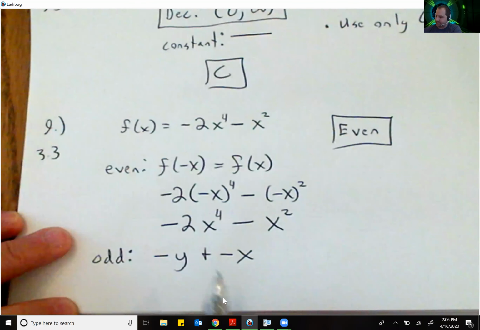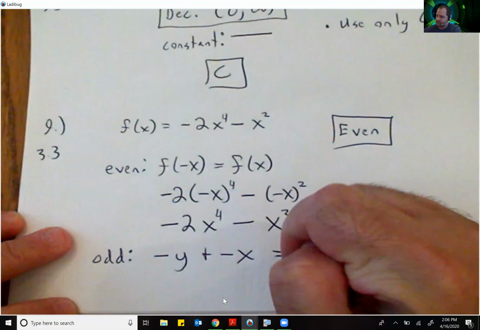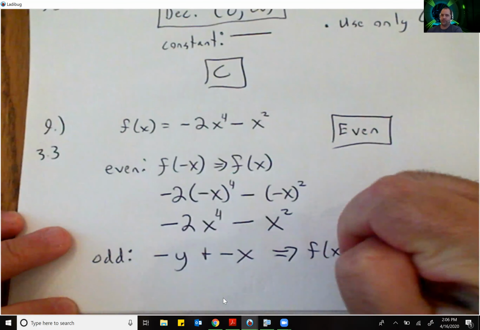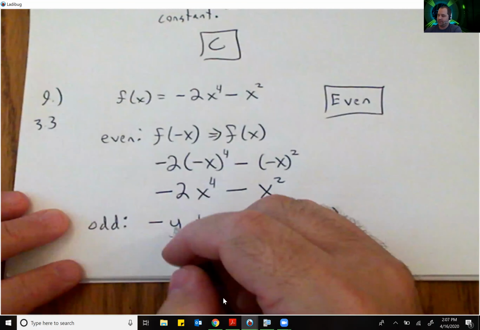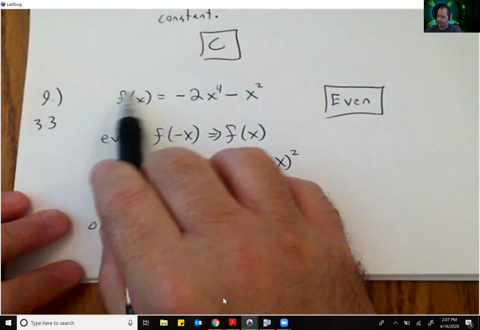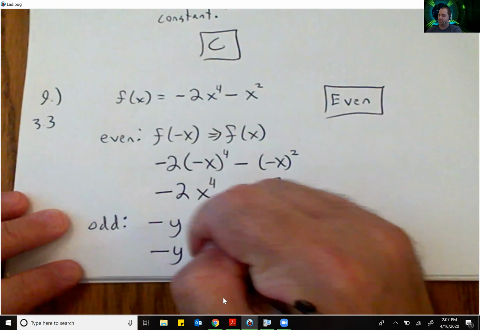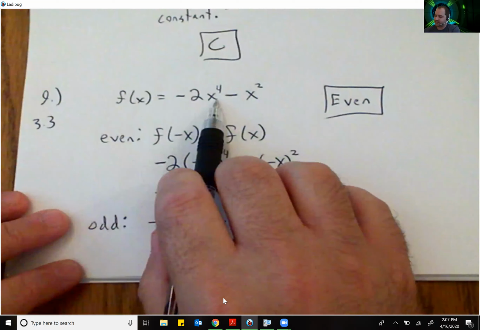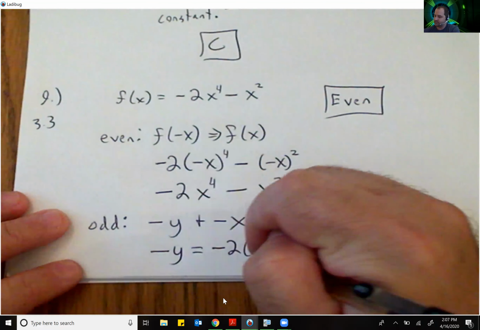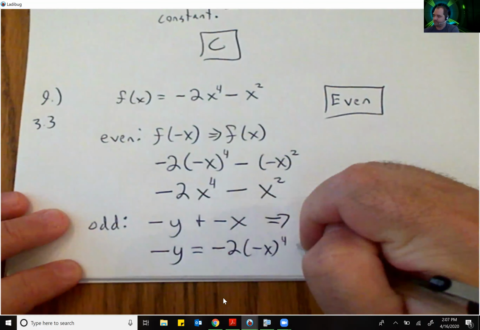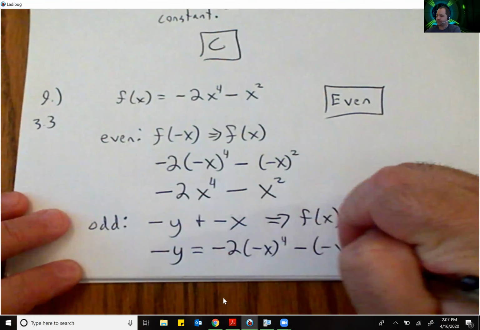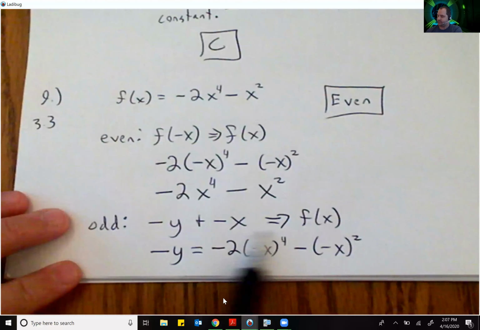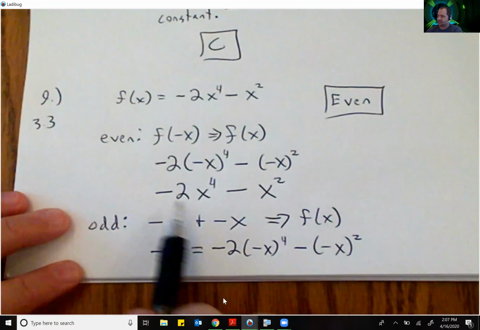Plug that in and see if we get out the original function. So this guy right here is negative y equal to this guy over here. We plug in those negative x's, just like what we did before. You already know what happens on this side. It becomes this.